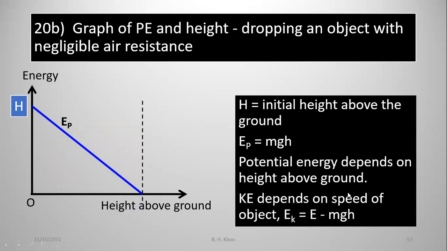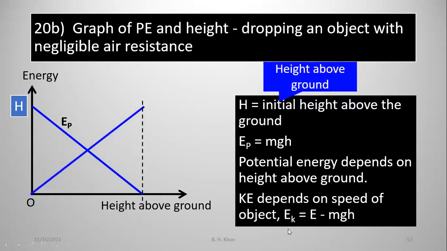Then the total energy: the kinetic energy is just your total energy minus your potential energy. So kinetic energy is initially 0 when you drop it, then increases to a maximum. And the total energy is constant, it doesn't change, with no air resistance. It's just potential changing to kinetic.